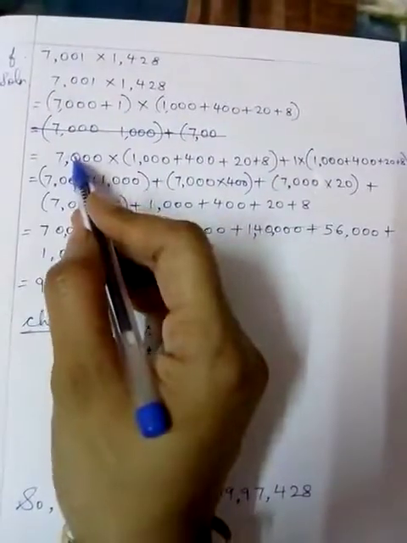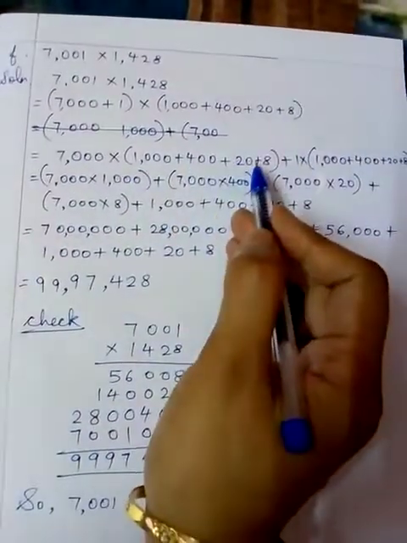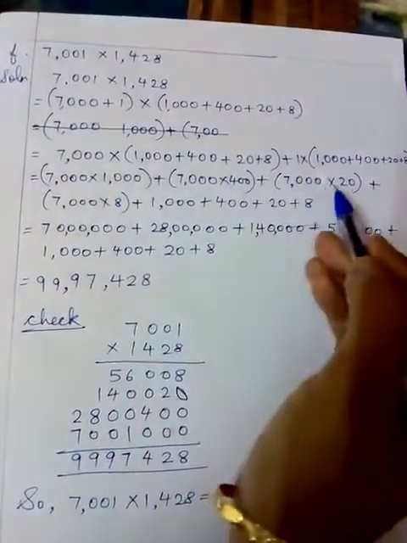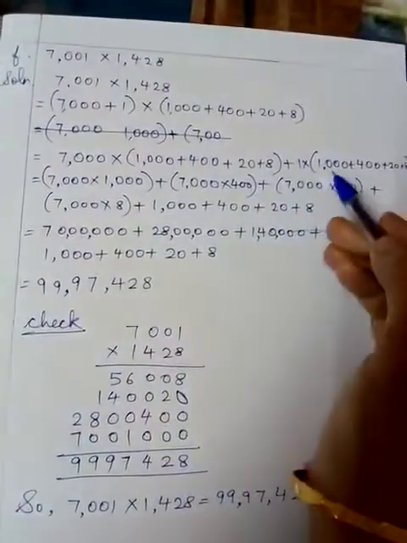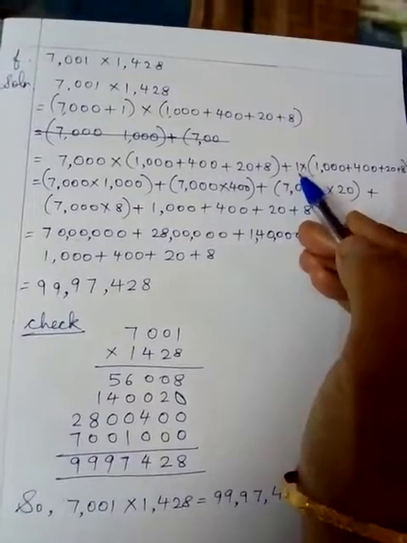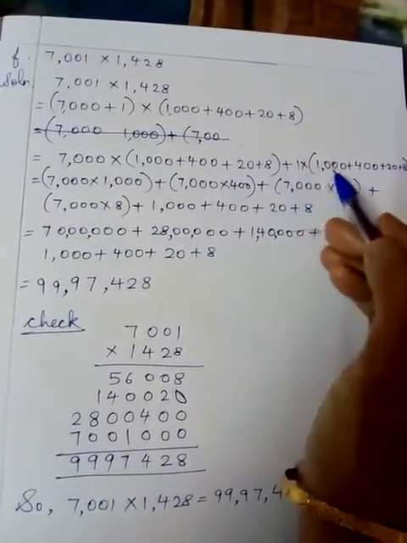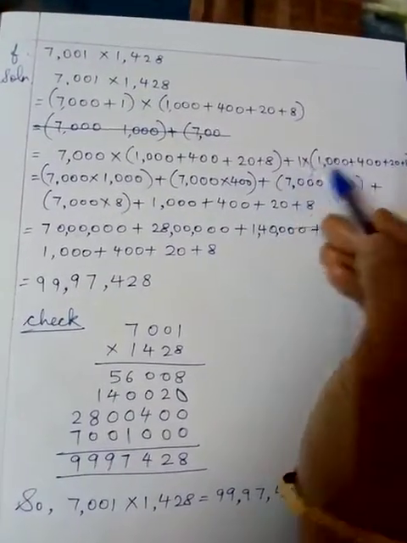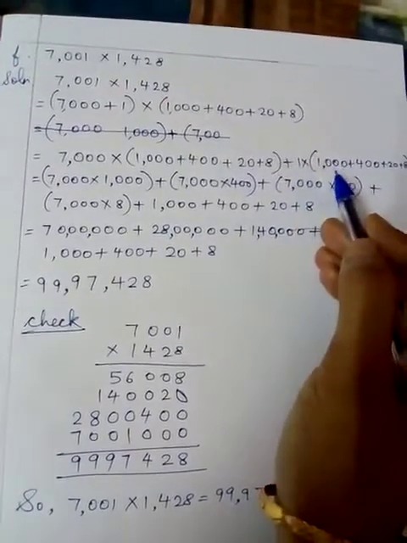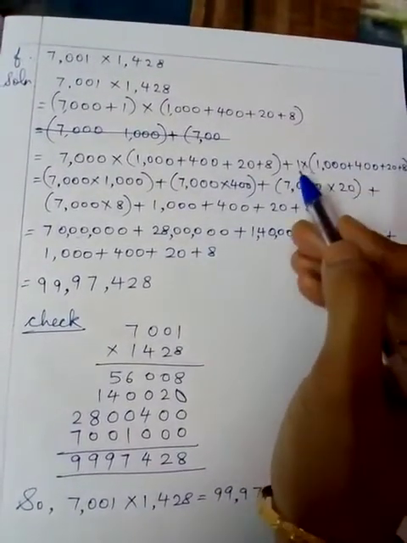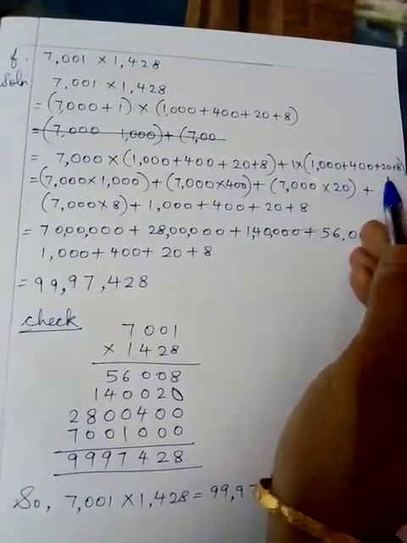After that, 7000 will multiply all these 4 numbers one by one, see. And then 1, no need to show it, because on multiplying by 1 we get the same answer. So I have directly written, I didn't show 1 multiplying 1000, 1 multiplying 400. Rather, directly I have written 1000 plus 400 plus 20 plus 8.